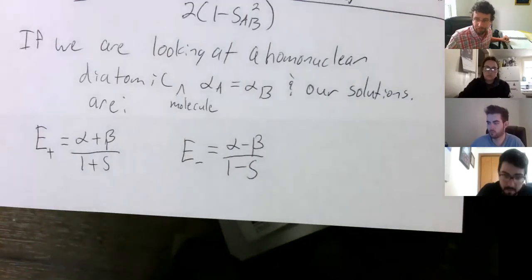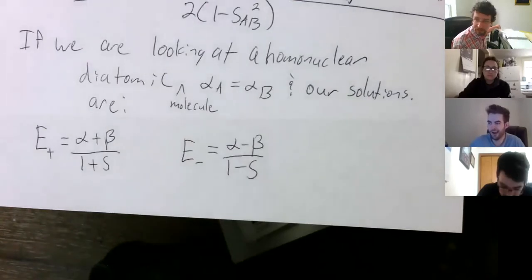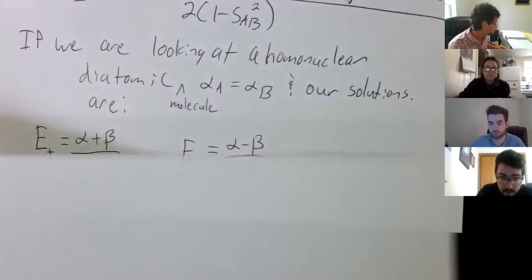Okay. Any questions so far? Cool. So we're going to use some of these ideas and tackle real systems, things beyond the hydrogen atom. It's going to look complicated, but we're going to make things easier.